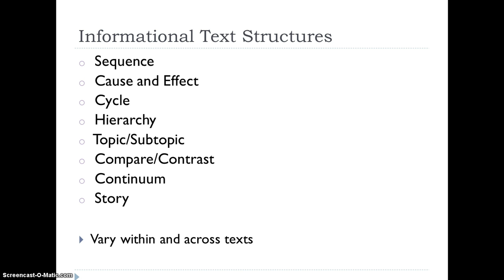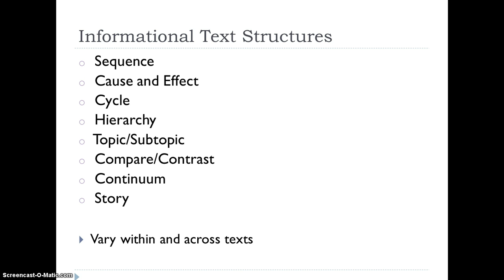So there are lots of different structures that informational text can have. You can see here sequence, cause and effect, these types. And the tricky thing about them is informational text can vary in its structure even within the same text. So for example, if I'm reading about lions, they might have a compare and contrast section where they compare lions to tigers.